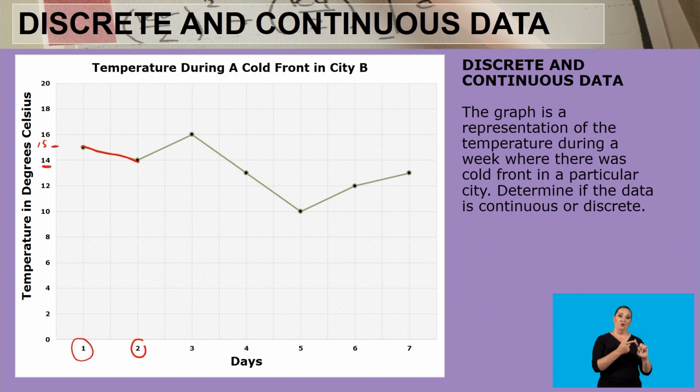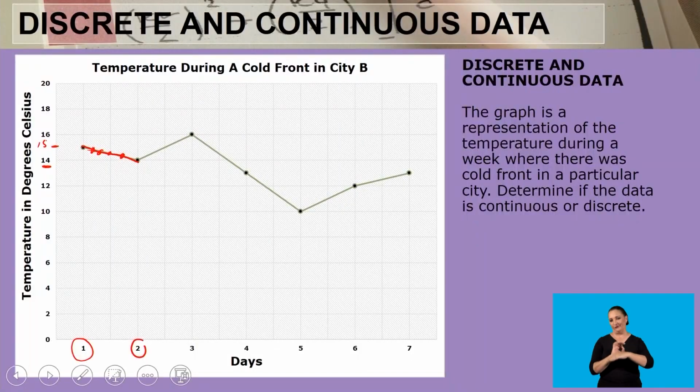Yes, when it was dropping from 15 degrees to 14 degrees, there are temperatures in between, and that could be your 14.5 or your 14.2, but eventually when we got to the second day, it dropped to 14 degrees. But in between, we did have our fractions there that were representing the temperature at that time. So is this continuous data or discrete data? Yes, it is continuous data, because when we are looking at temperature, it can be represented as fractions.